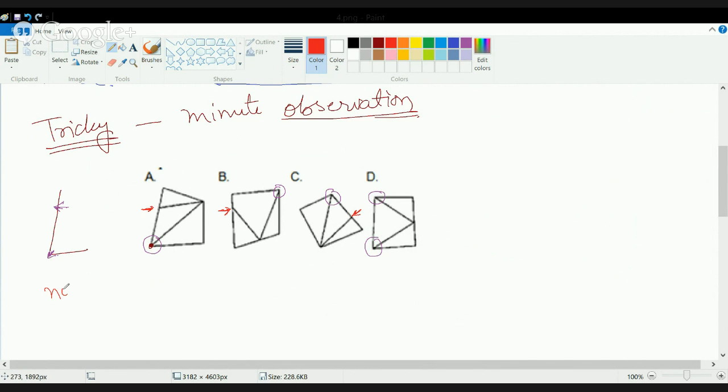So we can say the number of vertices where the lines of the triangles are touching is 1. Here again it's 1, here again it's 1, but in this case it's 2. So here you can see both the lines of the triangle are touching both the vertices.